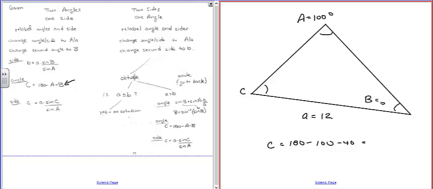So let's say this is 35 instead. So if this is 35, 180 minus 100 minus 35 is 45. 45, sorry. Okay, let's just start that whole thing over again.